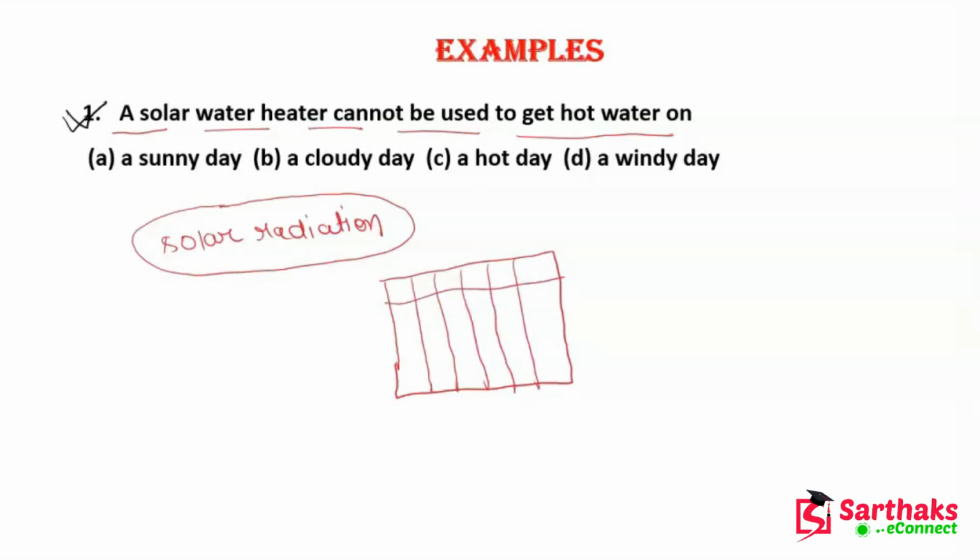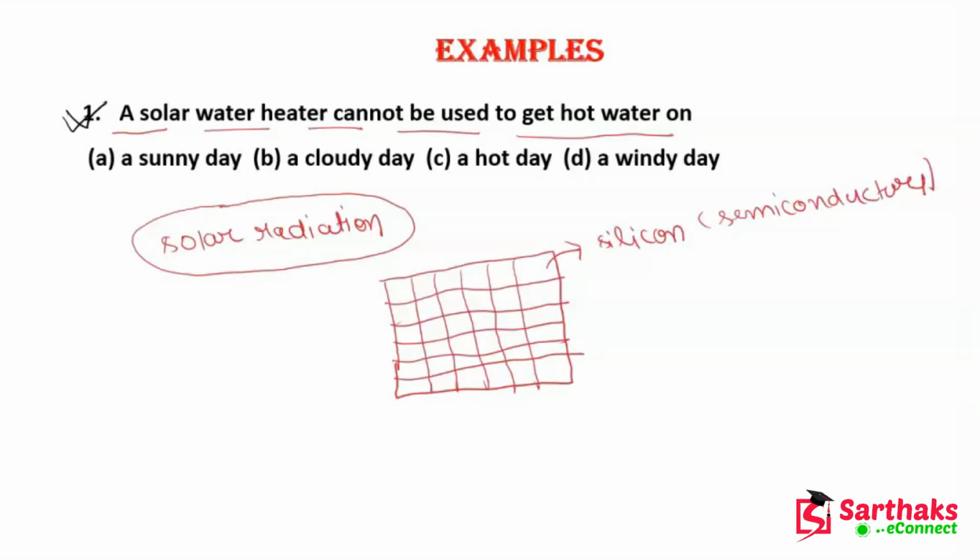Now guys, we all know that in a solar panel we use silicon. Now what is this silicon? This silicon is basically a semiconductor. It is the property of semiconductors that they behave as an insulator at normal temperature.